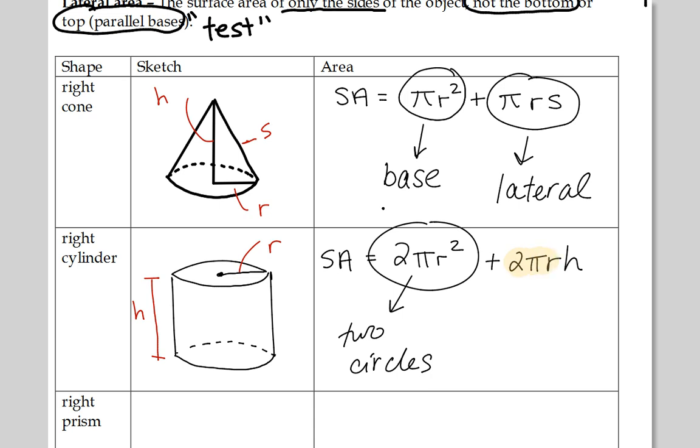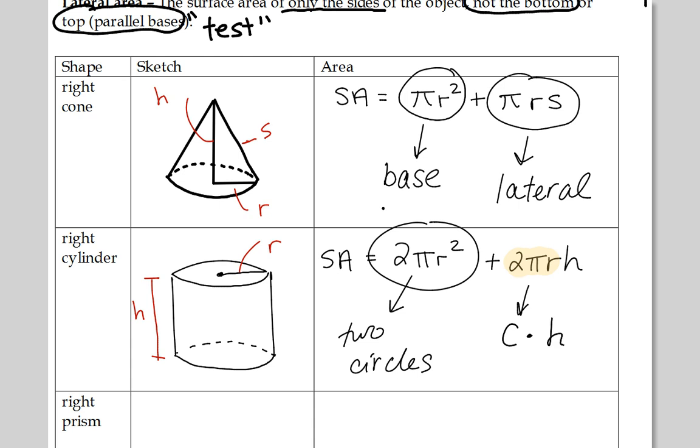What is 2 pi r? It's on your front sheet, 2 pi r. 2 pi r on the front page by the circle, what does that stand for? What is it? Circumference. And then you're going to multiply by height.